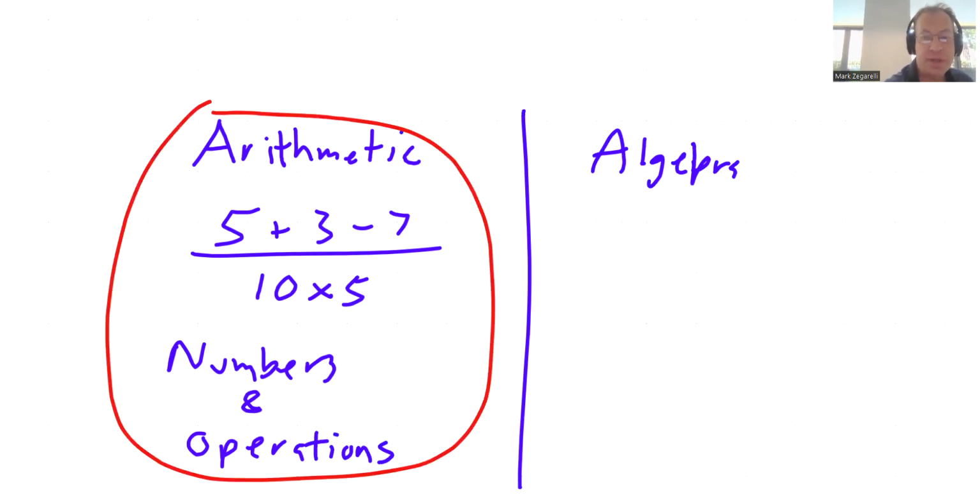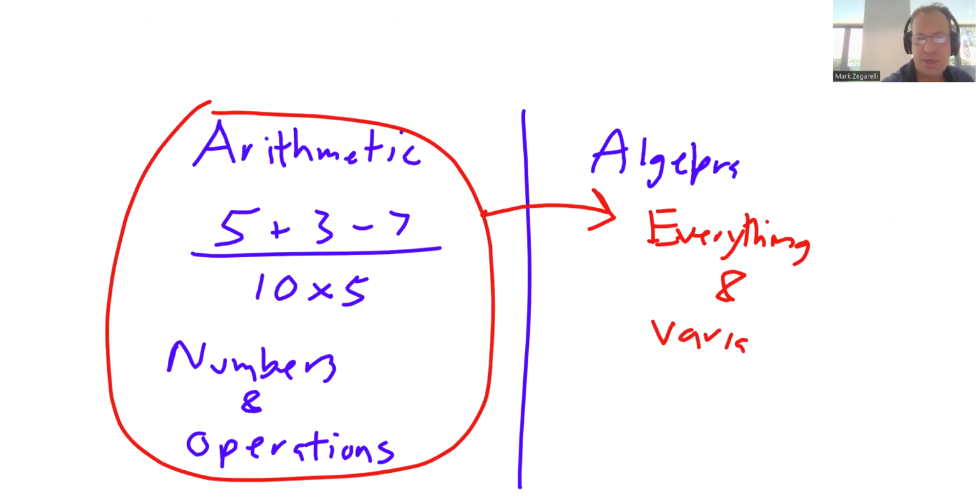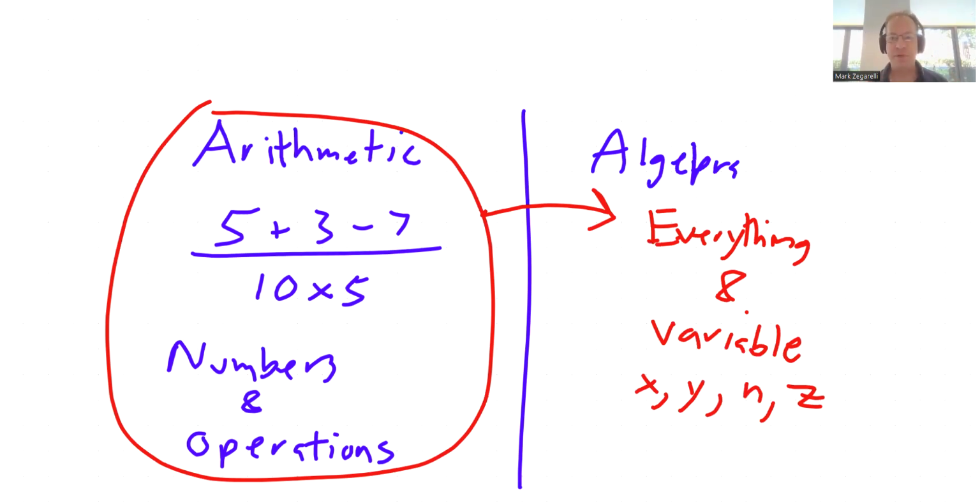So everything from arithmetic plus the variable, such as x, y, n, z, variables standing in for numbers. And that's the new thing in algebra.